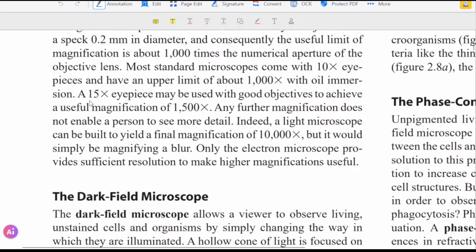A 15x eyepiece may be used with good objectives to achieve a useful magnification of 1500. Any further magnification does not enable a person to see more detail. Alright, so they are saying this is the limit. Enlarging the image further doesn't mean that you are going to see more detail.